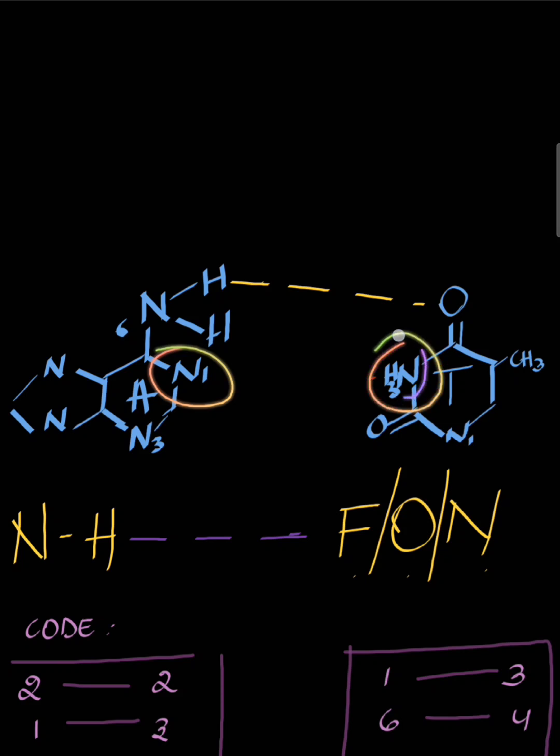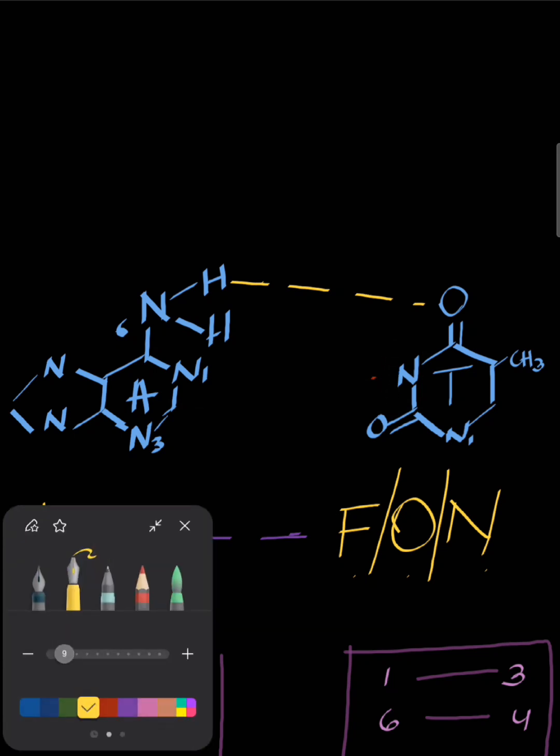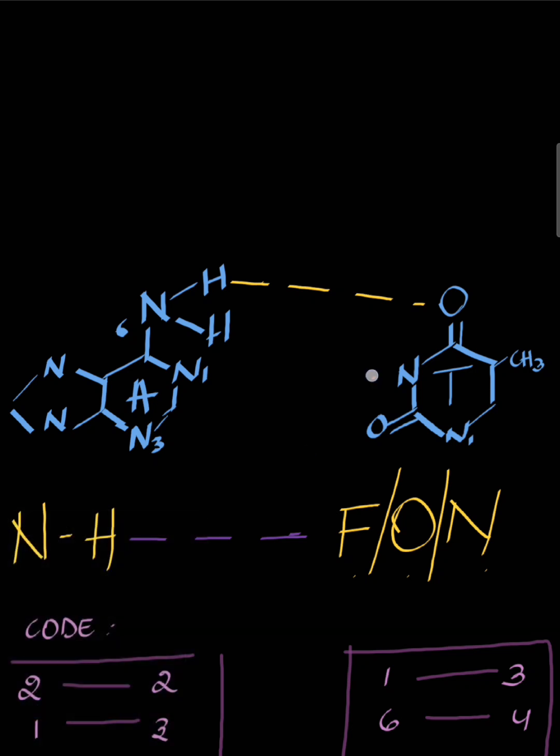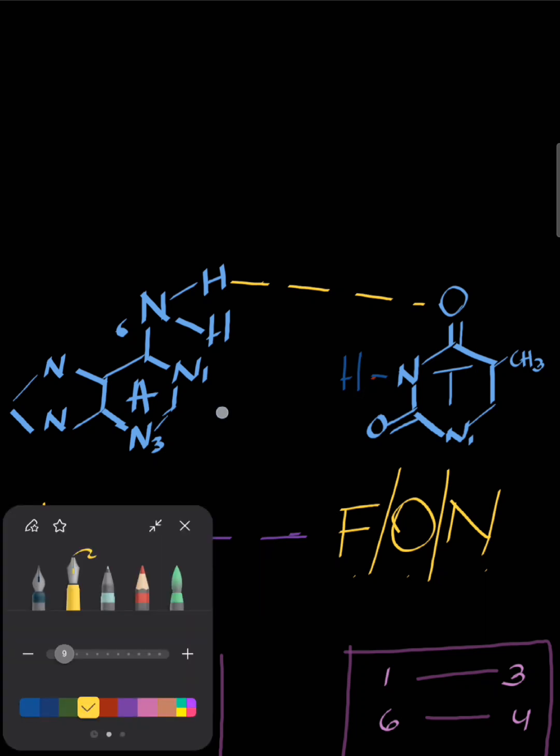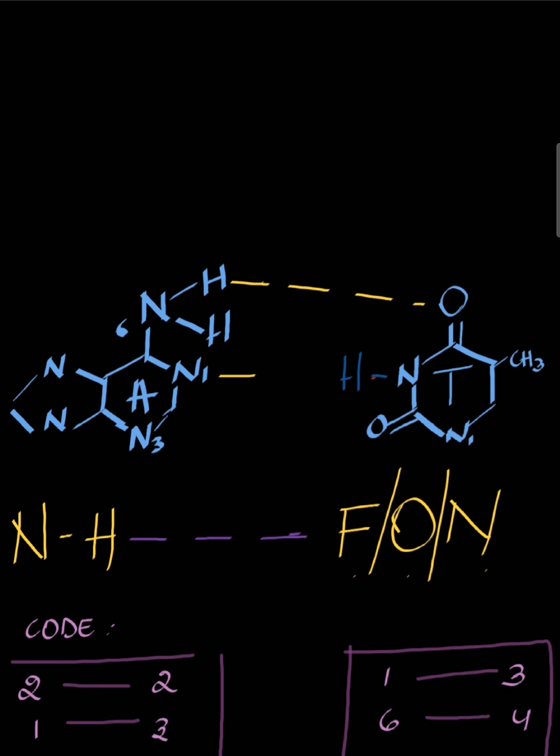This is actually N3, it is not NH3. I'll just make it so that you don't get confused. So this is actually N, and then there is a hydrogen bond over here, right? So there is a possibility that a hydrogen bond can be formed between these two.